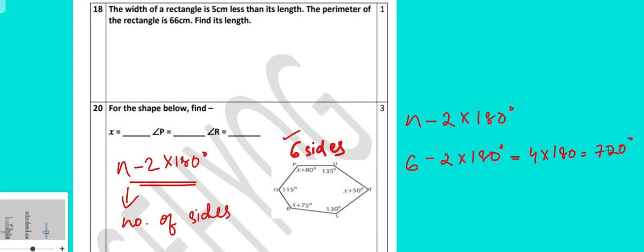So now we have the 720 degrees in hand. Next we will add all the angles together, which will lead to x plus, if we start from angle P right here, x plus 80 degrees plus 135 degrees plus x plus 50.